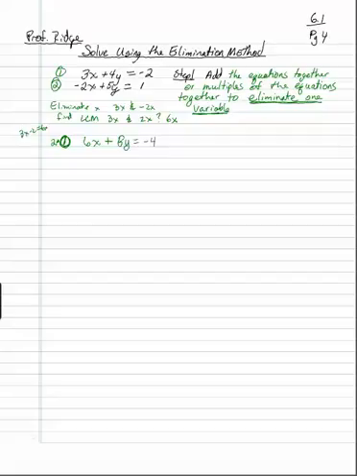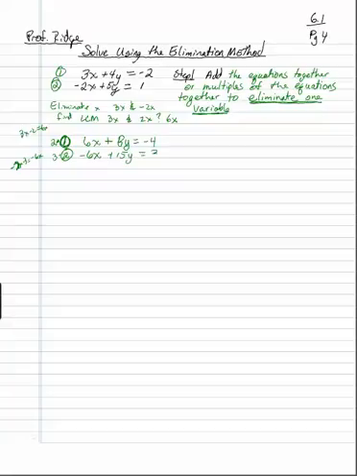And then you ask yourself, okay, now I want to get negative 6x. So 3x times what equals negative 6x? Oh no, it's negative 2x times what equals negative 6x. So that would be 3. So I'm going to take equation 2 and times it by 3. And again, you got to multiply the whole equation by 3.